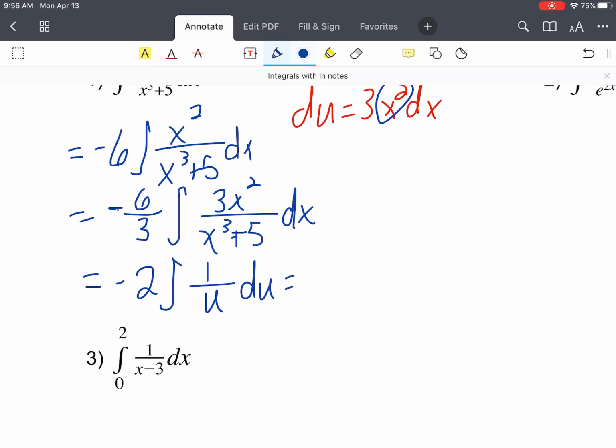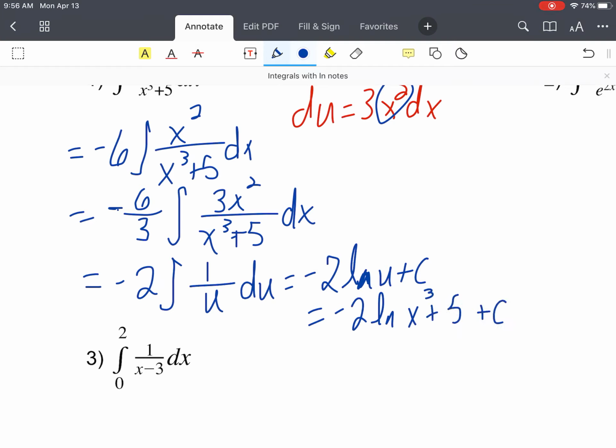So I'm going to substitute in what I can for what I can. Now this is just going to be negative 2. We've seen the integral of 1 over x, or 1 over u, is just the ln of that, the ln of u plus c. So really it is negative 2 ln of x cubed plus 5 plus c.